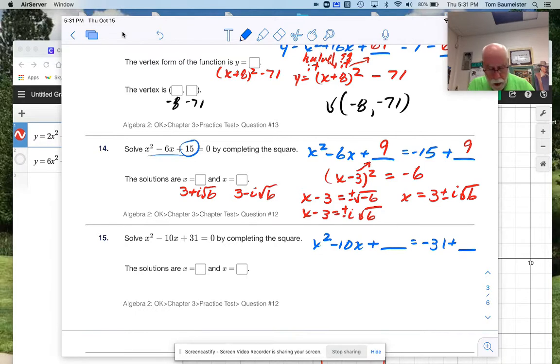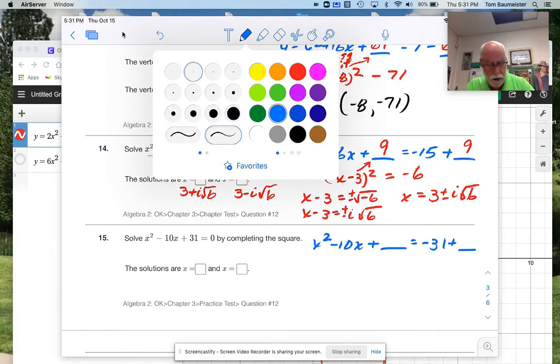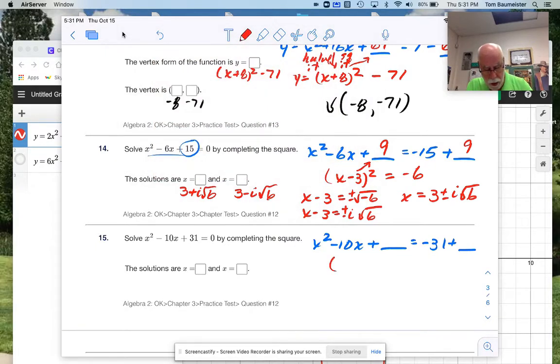All right? So remember, half of negative 10 is minus 5. So I'm going to have x minus 5 squared. And then I'm going to take that negative 5 and square it. So that gives me a plus 25, as we expected.